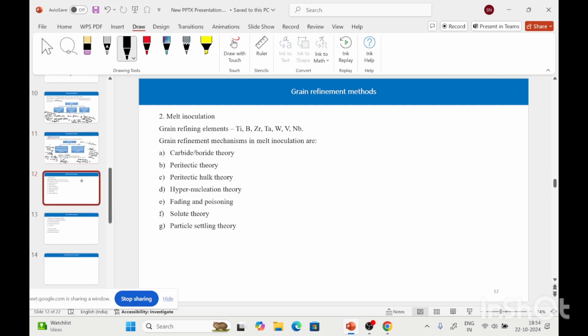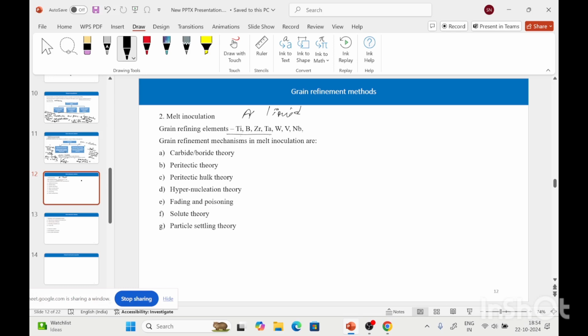The next method of grain refinement is melt inoculation. So what is melt inoculation? Some type of elements which do not dissolve in the liquid metal are mixed into the liquid aluminium, and the grain refining elements are generally titanium, boron, zirconium, tantalum, tungsten, vanadium, and niobium.